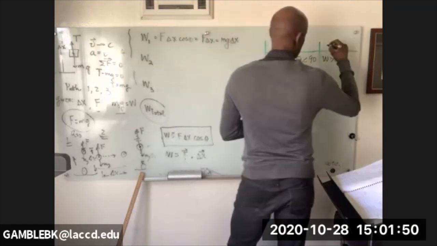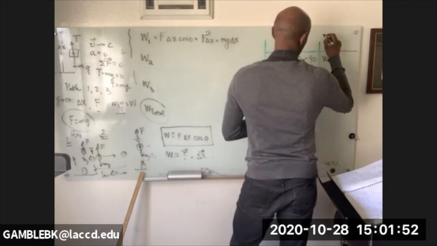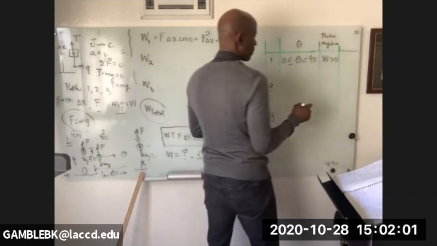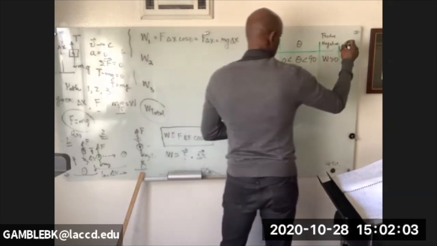Just say either positive work or negative, because even though work doesn't have a direction, you can still have positive and negative work. It has a specific meaning, and this is the magnitude.